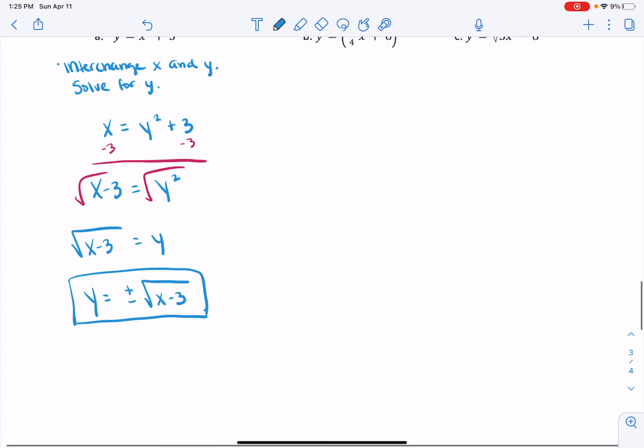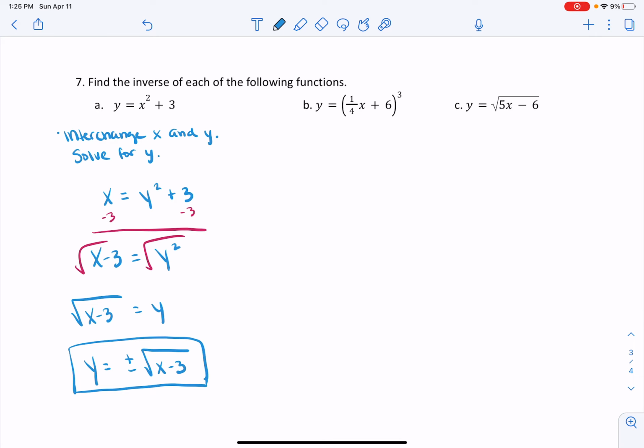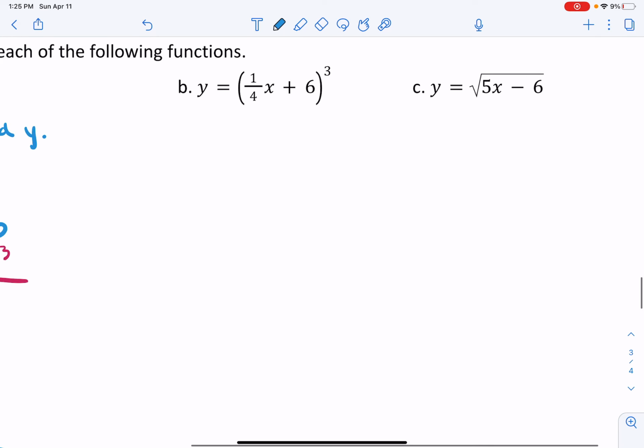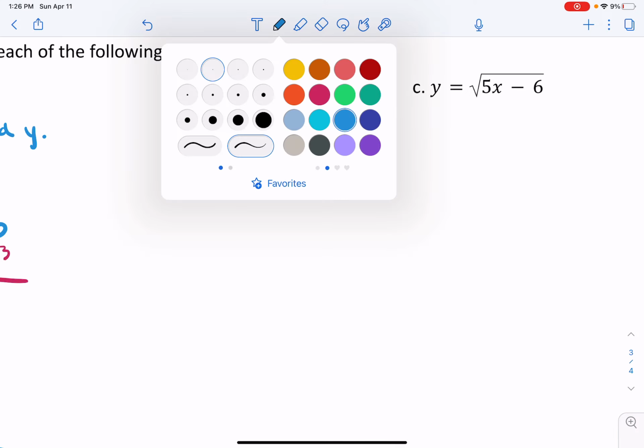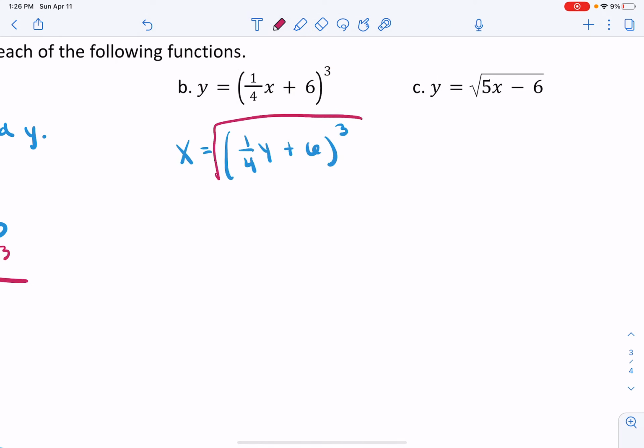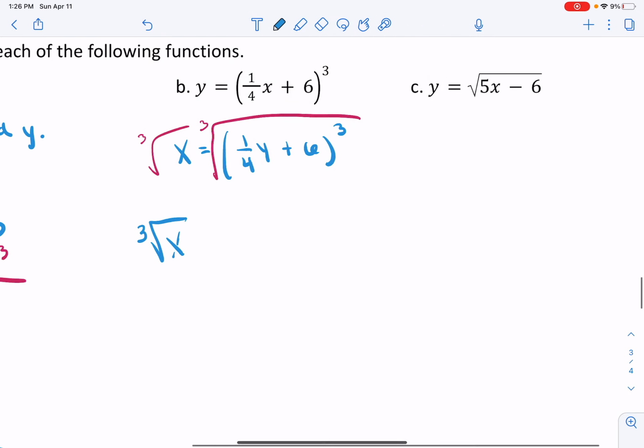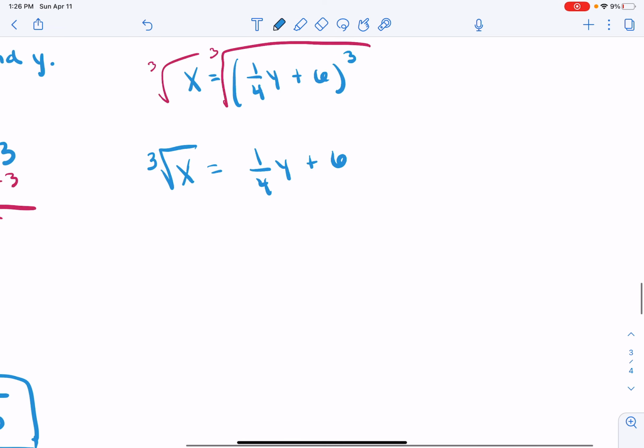Okay. Letter B. So go ahead and we change up x and y. So this will be x equals 1/4 times y plus 6 cubed. And we're going to solve for y. The first thing to do is we're going to take the cube root to undo that cubed. So the cube root of x is equal to 1/4 y plus 6. I'm going to go ahead and subtract 6 on both sides.